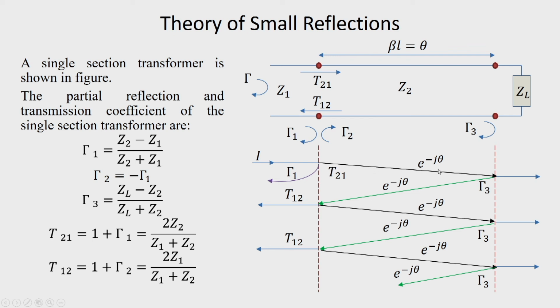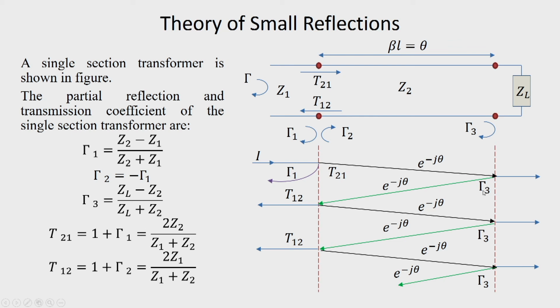Then it will travel down this transmission line. So, the phase change is represented by e to the power minus j theta, where theta is actually beta L, and then it gets reflected from this point where there is a mismatch between the transmission line and the load impedance.